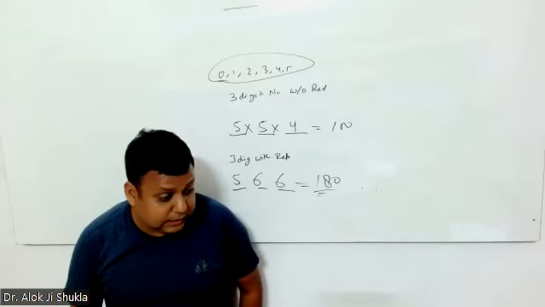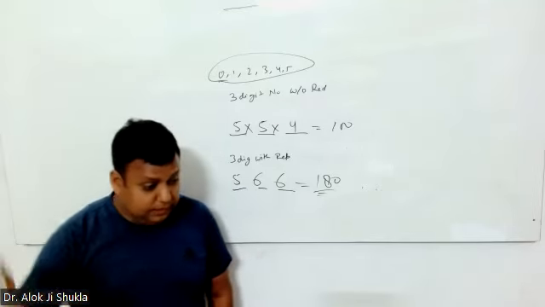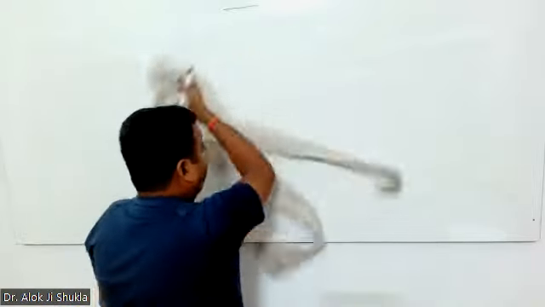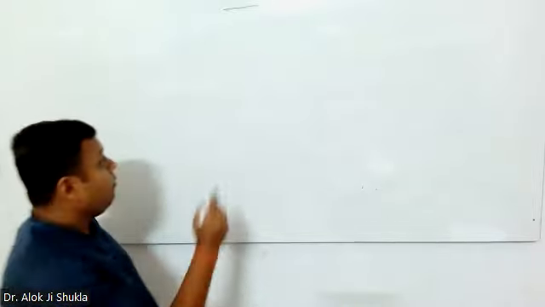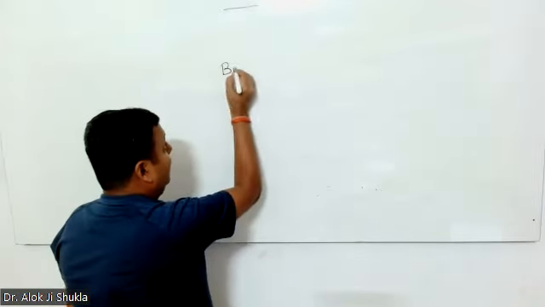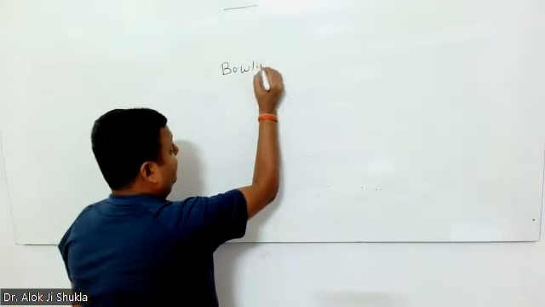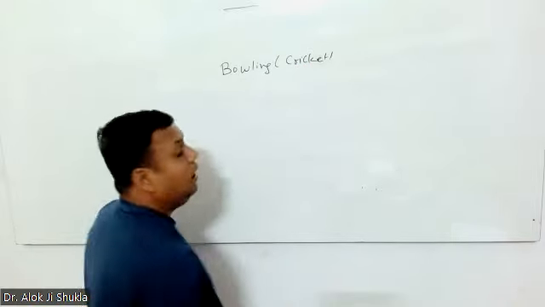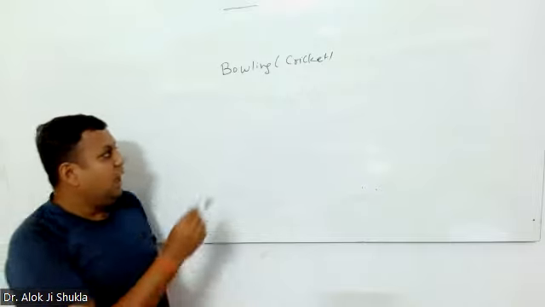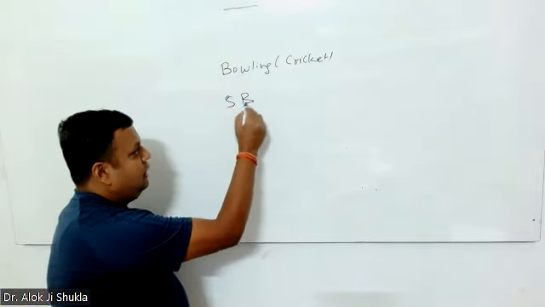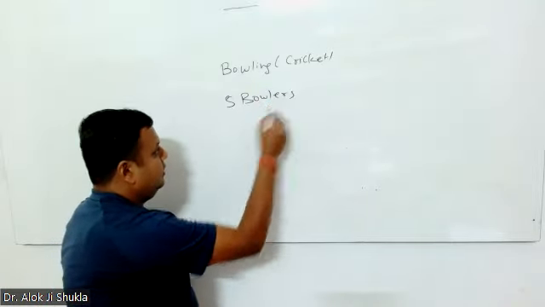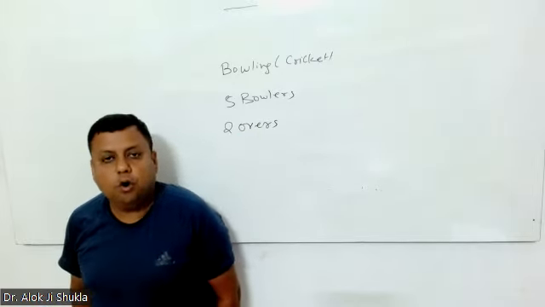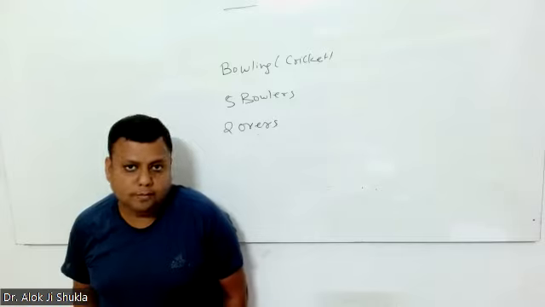Another good case that comes, and I just love it, is about bowling, which is basically my favorite topic, cricket. So the question goes something like this. I have 5 bowlers and I have to choose them to bowl 2 overs.